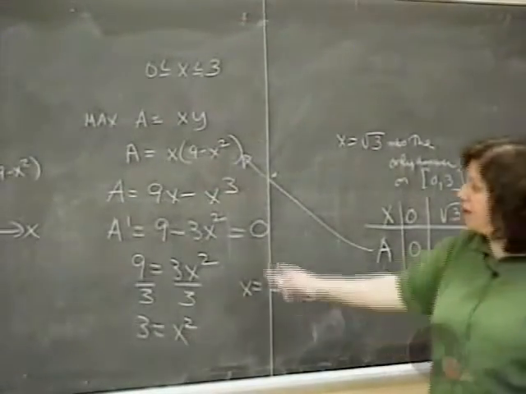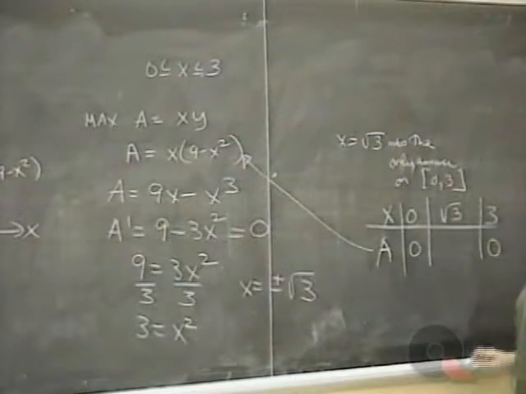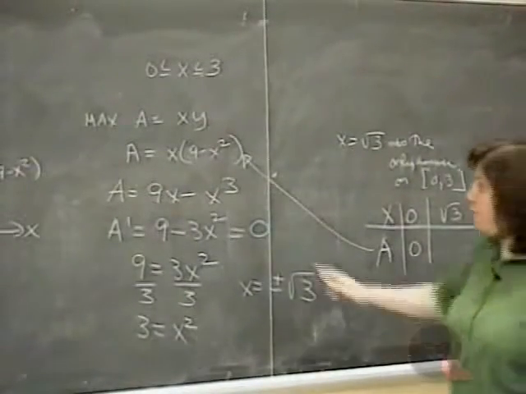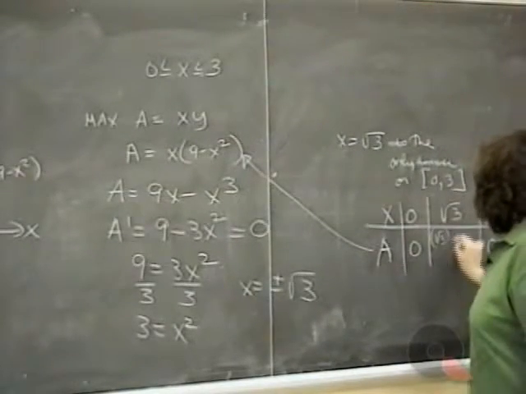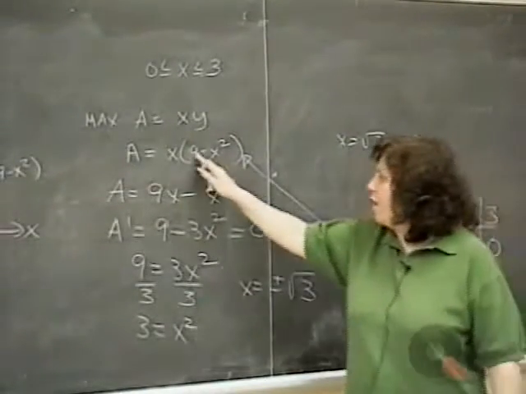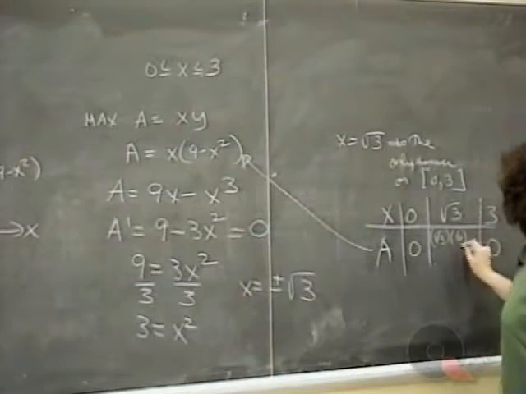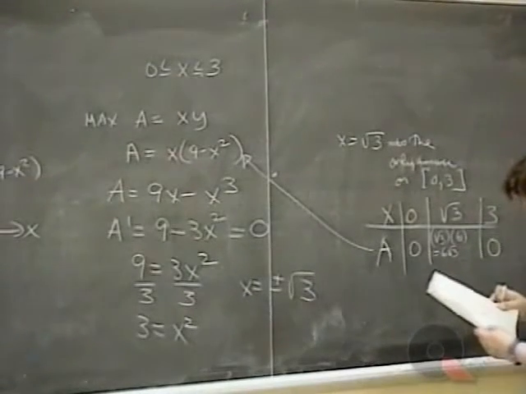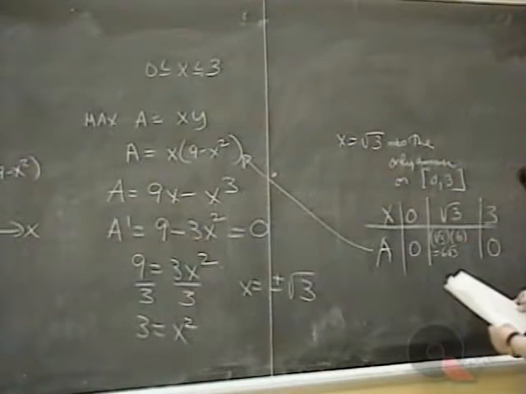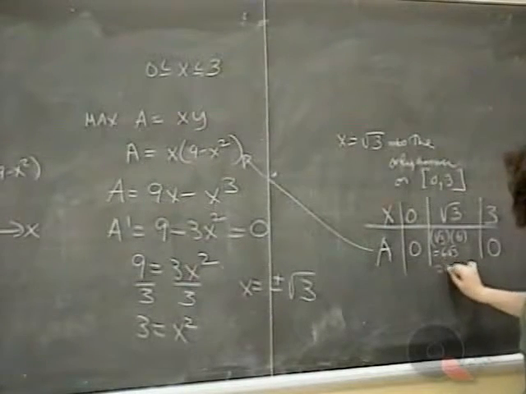If x is 3, it's 3 times 0, which is 0. And in the case where it's the square root of 3, it's the square root of 3 times 9 minus the square root of 3 squared, 9 minus 3, or 6. So we get 6 square root of 3, or approximately 10.4 square inches for the area.